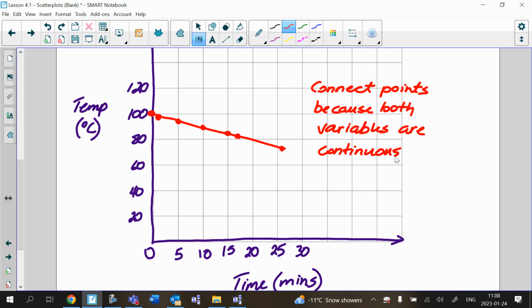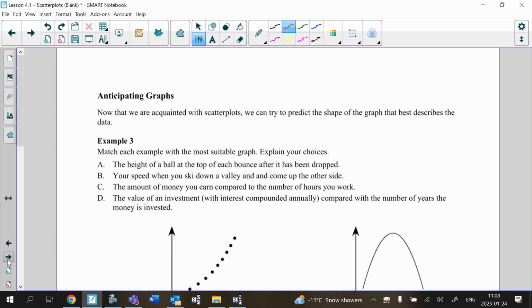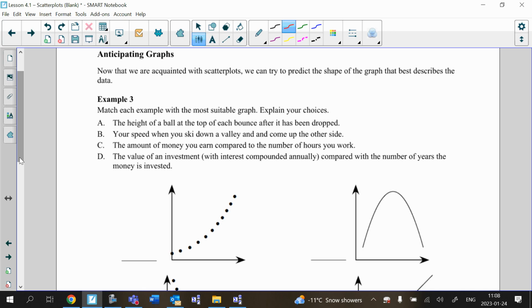You need to match each situation to the most suitable graph. The height of a ball at the top of each bounce after it's been dropped. First, second, third, or fourth.